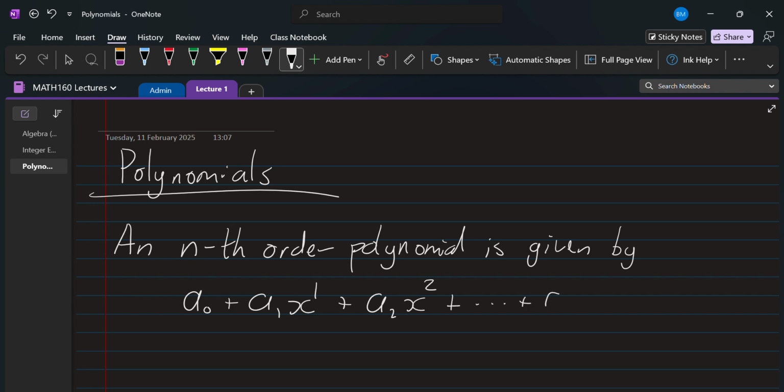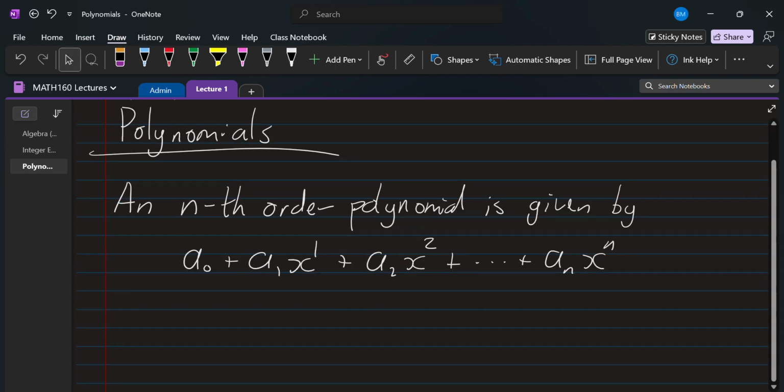All good. Okay. Next thing, polynomials. We're not going to spend too much time on polynomials. Everyone should know what that is. But quick summary.